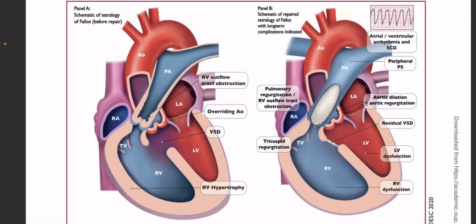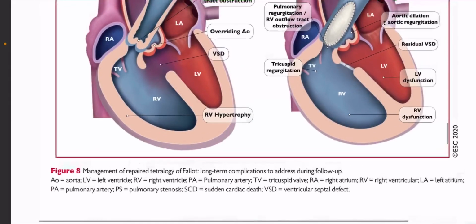In panel B, a schematic of repaired tetralogy of Fallot with long-term complications indicated, that is atrial or ventricular arrhythmias and sudden cardiac death, peripheral pulmonary stenosis, aortic dilatation, aortic regurgitation, residual VSD, LV dysfunction, RV dysfunction, tricuspid regurgitation, pulmonary regurgitation, or RV outflow tract obstruction.